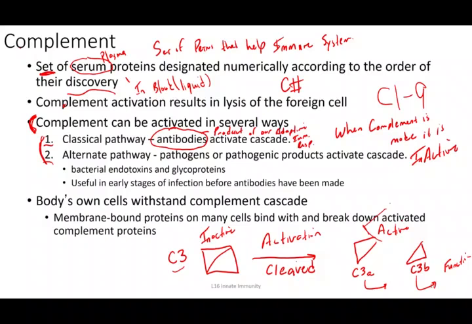So this can take a little bit of time, but once our body starts making antibodies to an infection, one way that antibodies can be beneficial is that they can trigger the activation of complement that can then help the immune system. So that's known as the classical pathway.